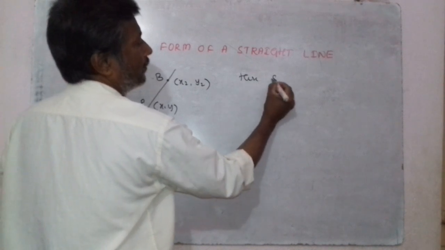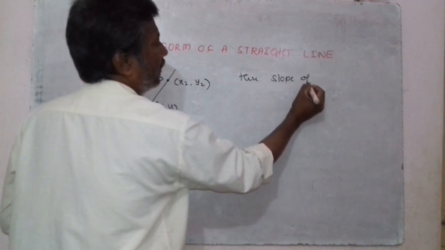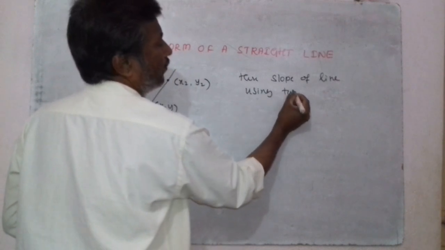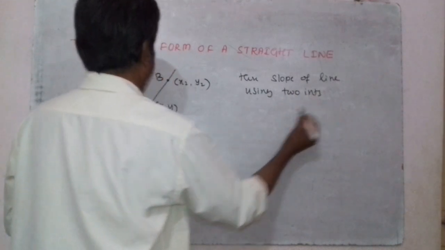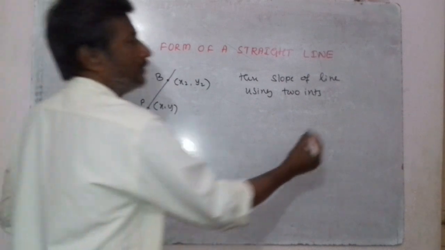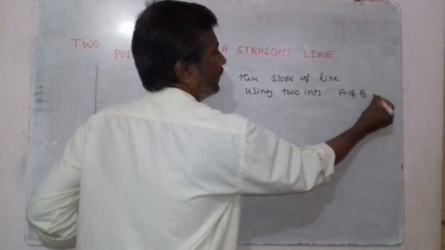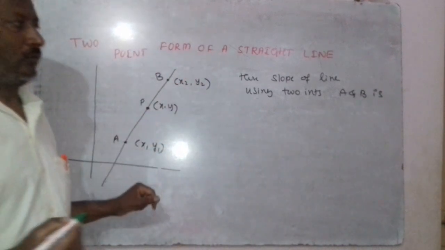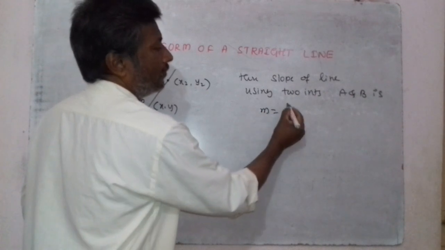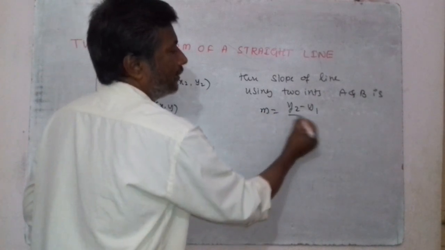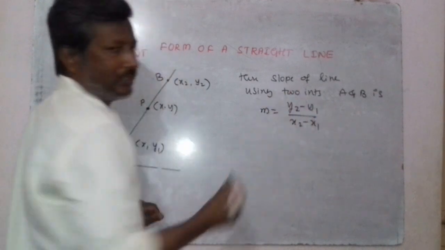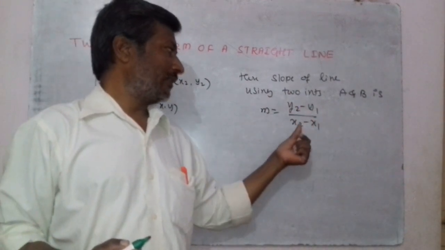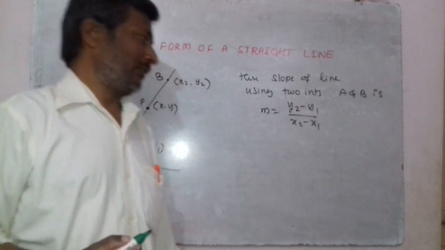Here, the slope of the line using the 2 points A and B, that is (x1, y1) and (x2, y2), is given by (y2 minus y1) divided by (x2 minus x1). We already learned this: m equals (y2 minus y1) divided by (x2 minus x1).